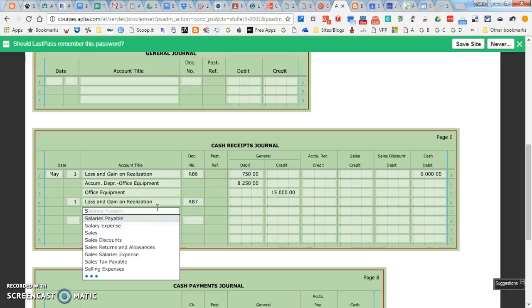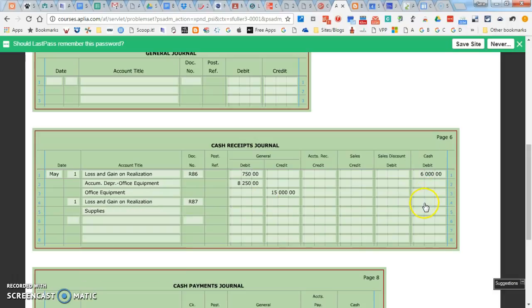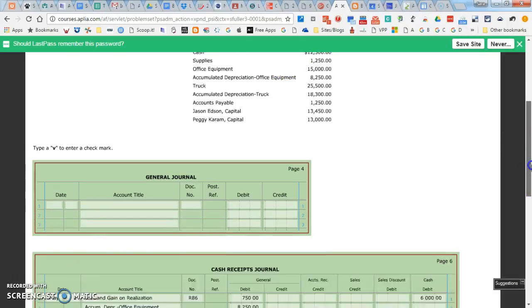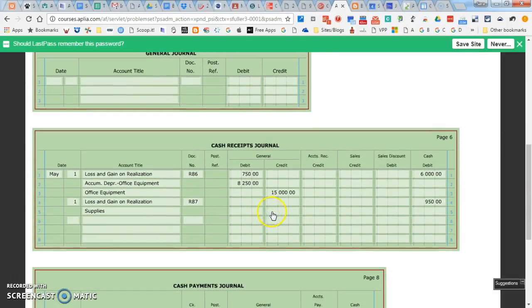And our next line is supplies. So we know, once again, we got $950. If we look, supplies was $1,250, in credit. And so we will take the difference there, and that'll be a debit of $300.